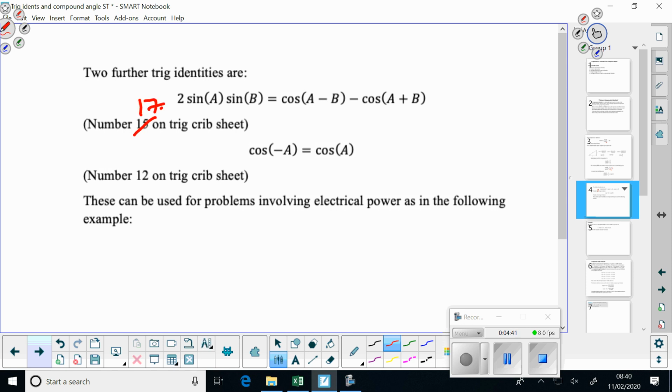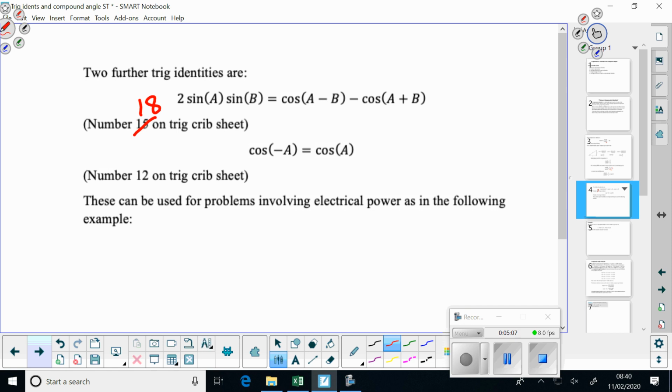I typed that up and then I changed the crib sheet because I added something else to it. And the cosine of minus A is equal to the cosine of A.